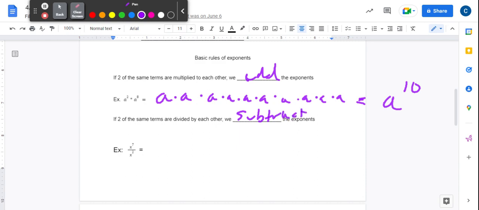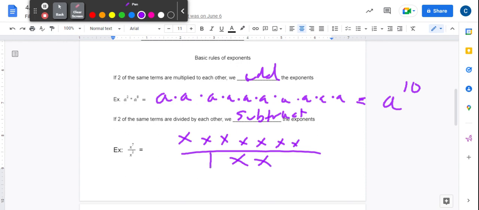So x to the 7th divided by x squared. What we have is x to the 7th, so we have x, x, x, x, x, x, x, and we're dividing it by x, x. We should know that when we're multiplying these things, there's really an imaginary 1 at the bottom if we want to put that there.